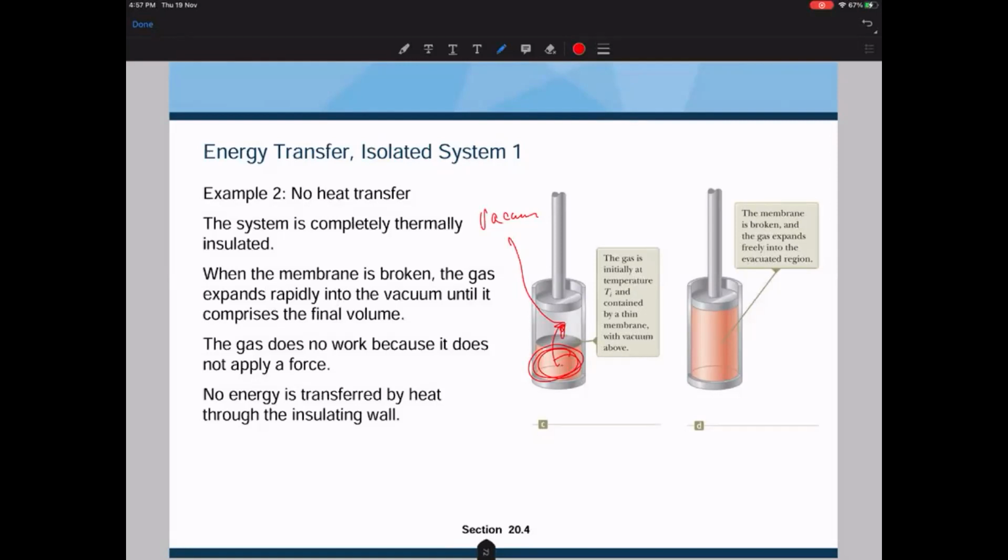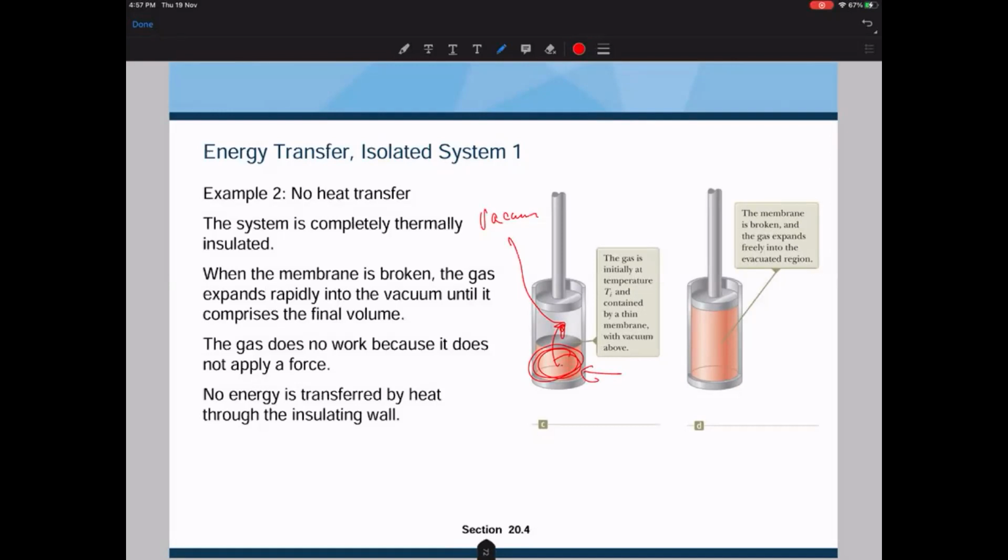But during the process, there is no work done because the upper part is at vacuum, so the gas does not need to push against anything. There's no force at all to push into the vacuum. So there is no work done. And because the system is also isolated from the surrounding, there is no heat energy transferred through the container walls.